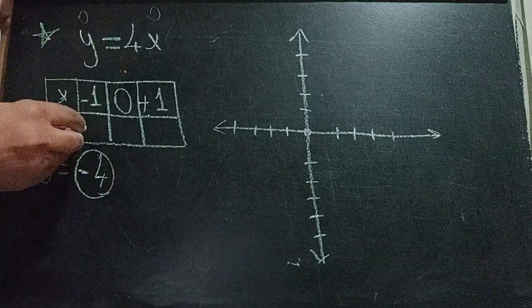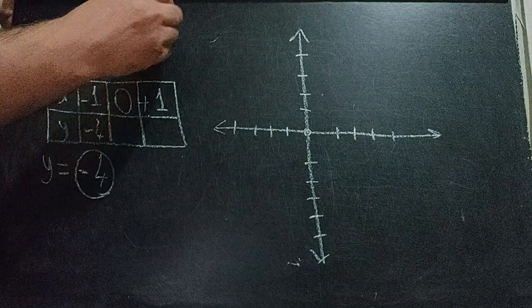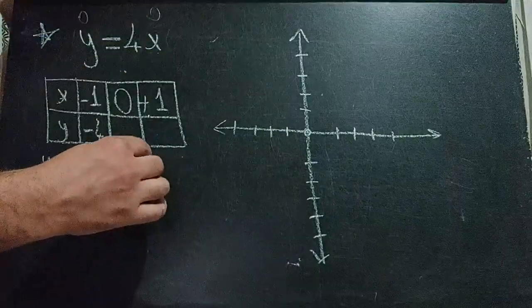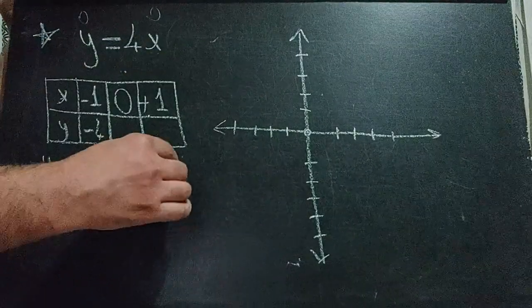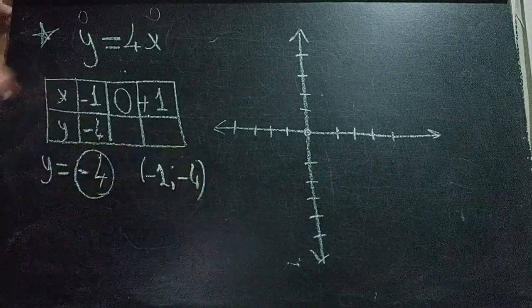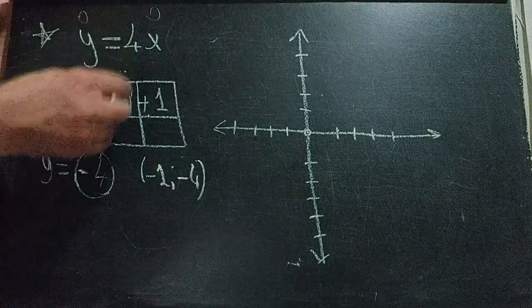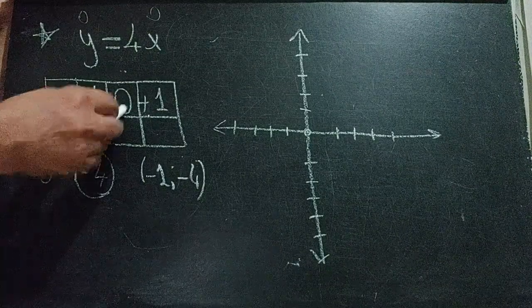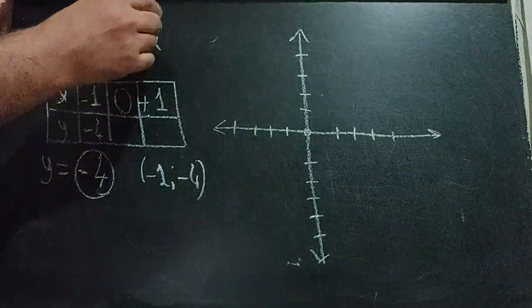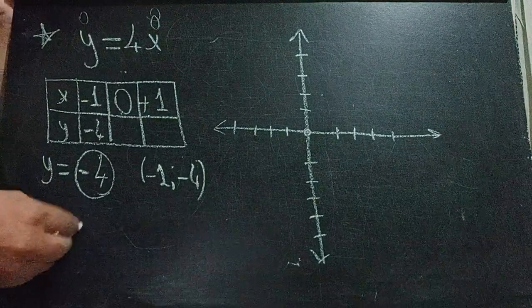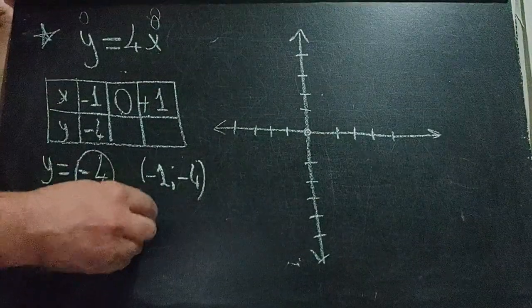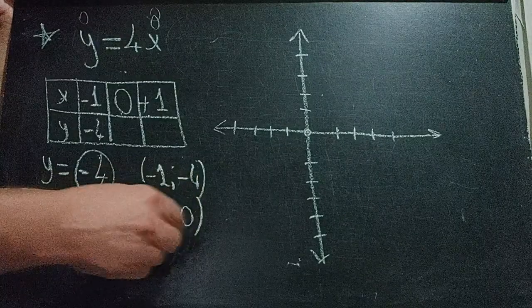My first point is negative 1, negative 4. So the other point, when I put x 0, y equals 0. That means the origin, which is 0, 0.